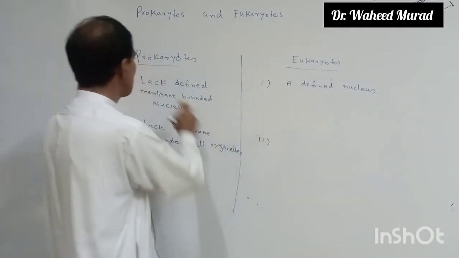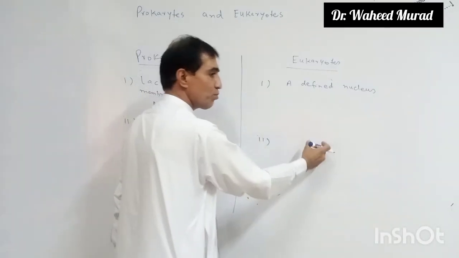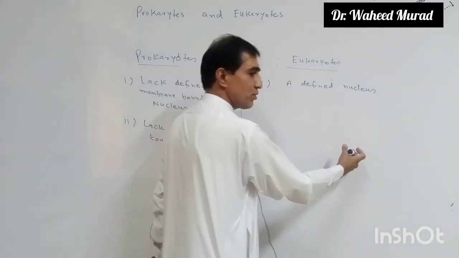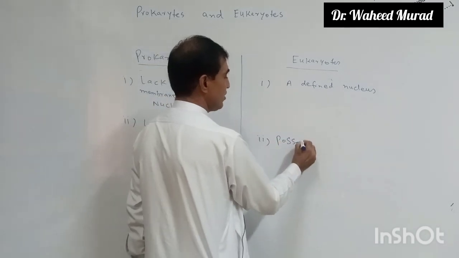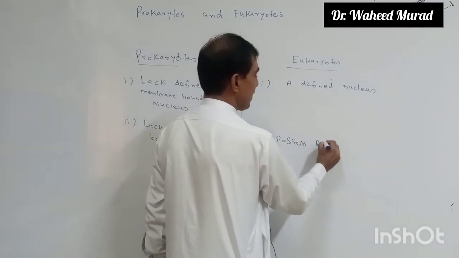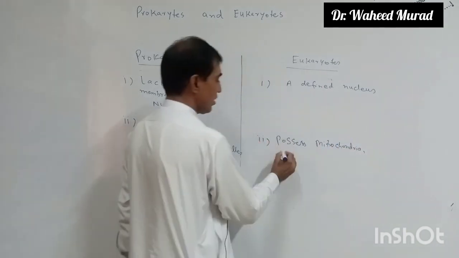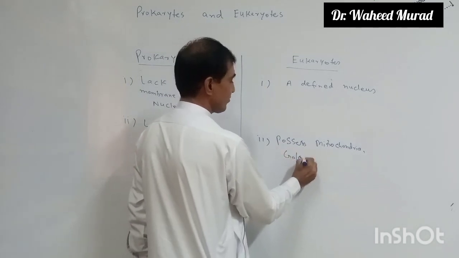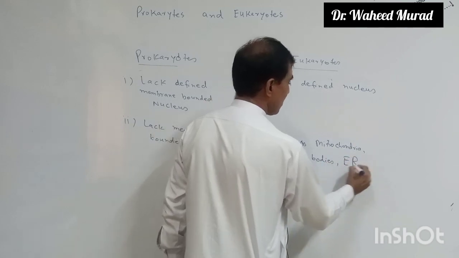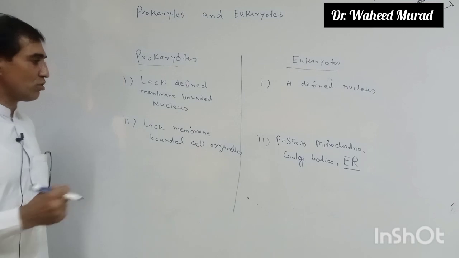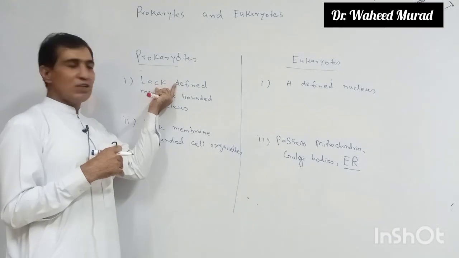Whereas eukaryotic cells have mitochondria, chloroplast, plastid, endoplasmic reticulum, Golgi bodies. So these cells possess membrane-bounded cell organelles, for example, mitochondrion, Golgi bodies, endoplasmic reticulum, etc.